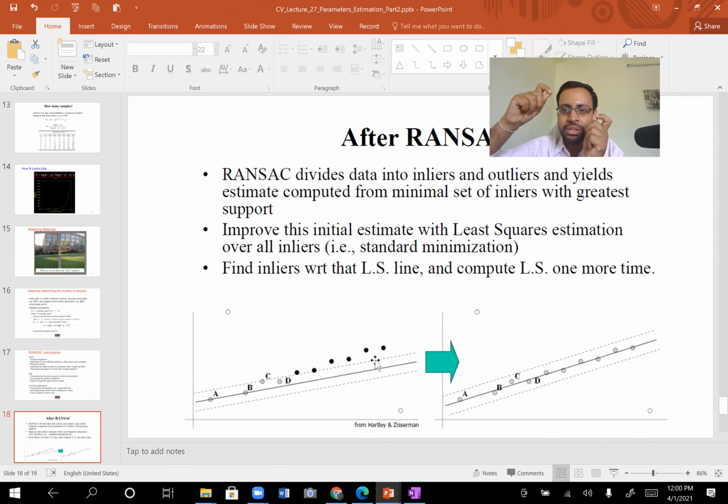This might be going through these 2 points, but something else for these inliers would give you a better fit. So people would normally do, as a last step of RANSAC, a least squares fit of all the inliers that you have computed as a result of RANSAC.